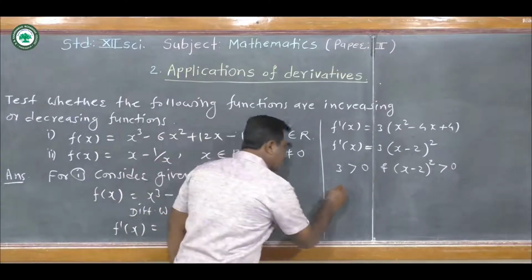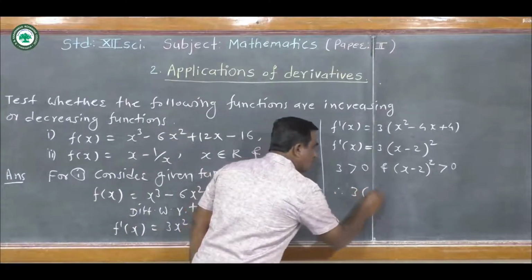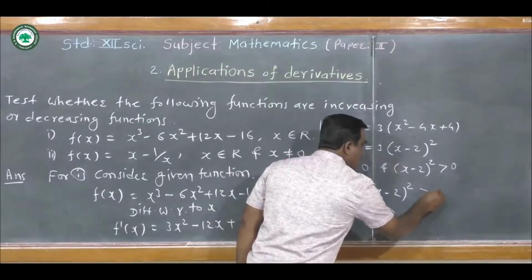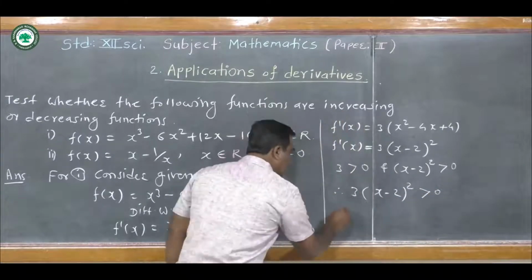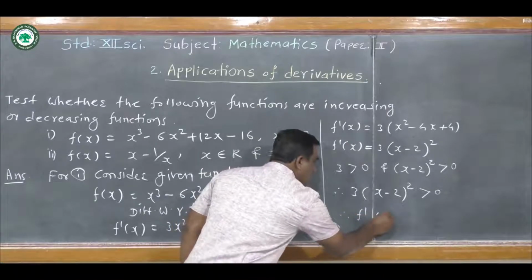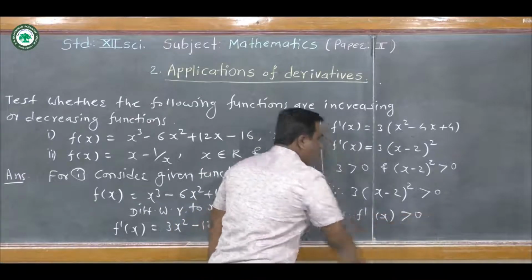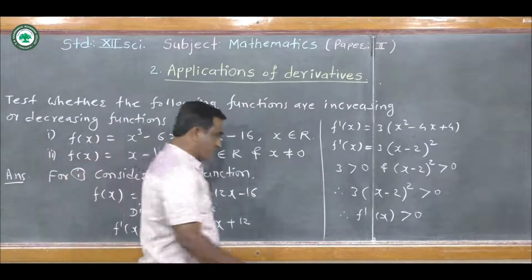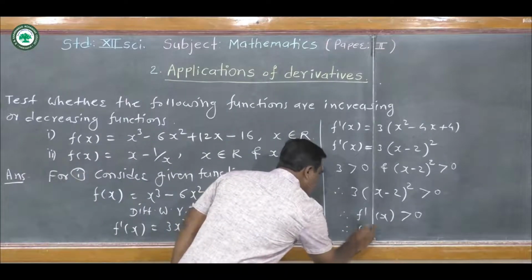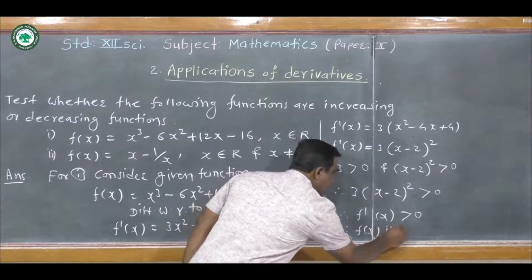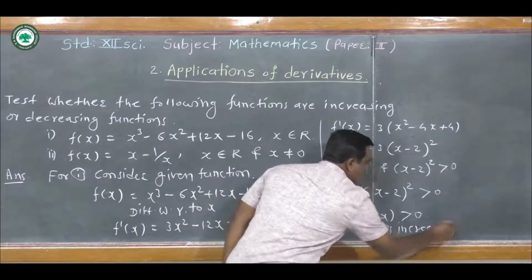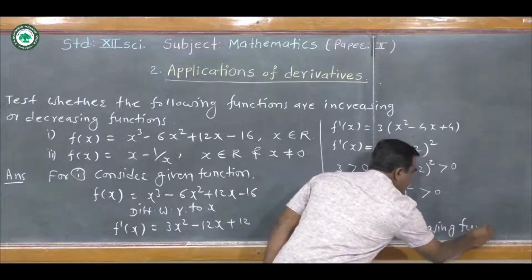Therefore this product 3 into x minus 2 bracket square is greater than 0. Therefore f dash of x is greater than 0. Therefore the given function f of x is an increasing function.